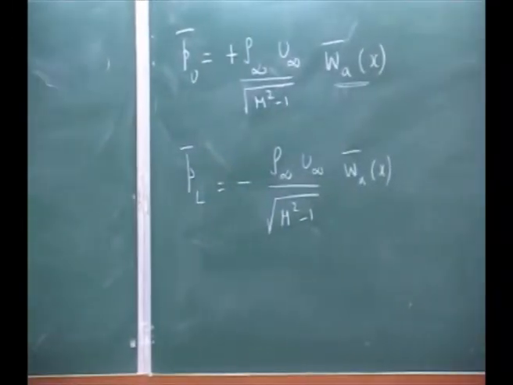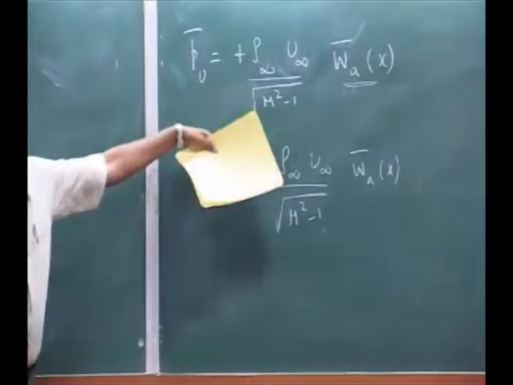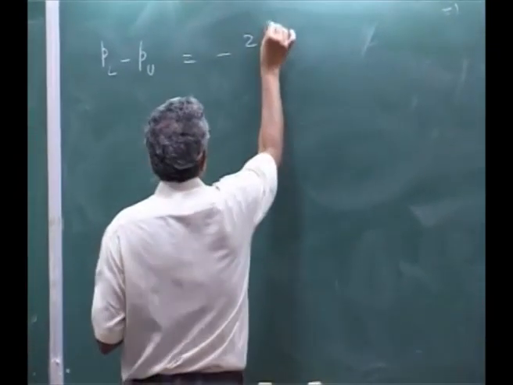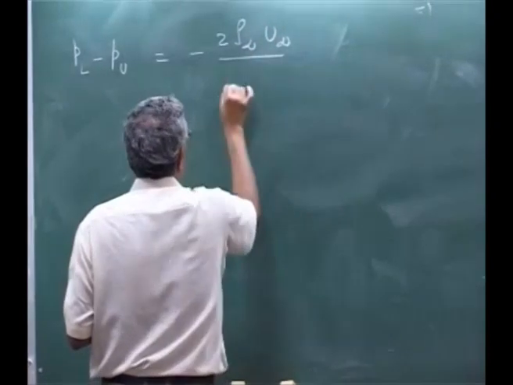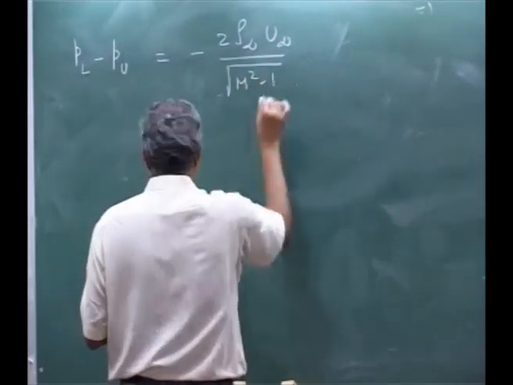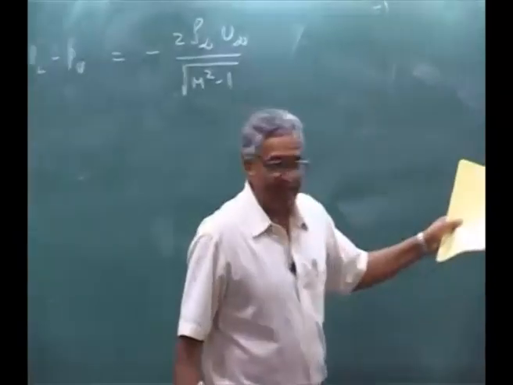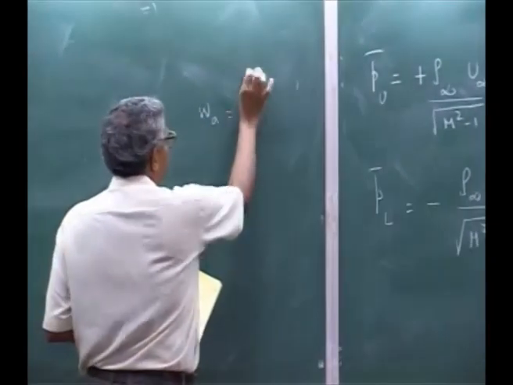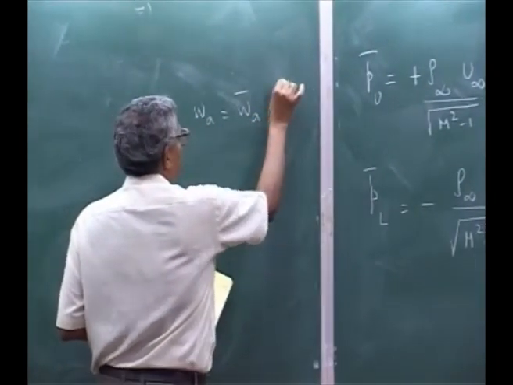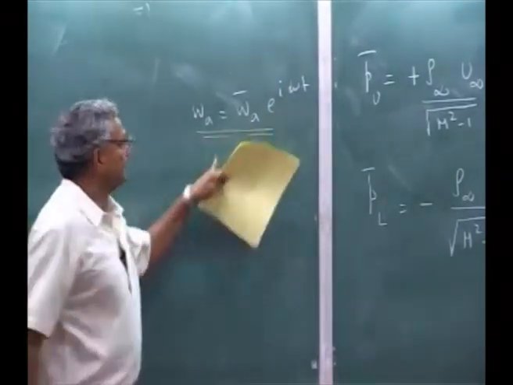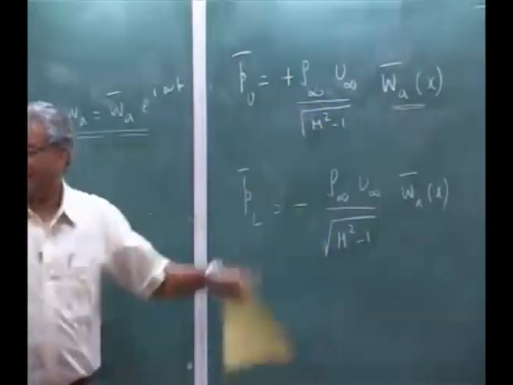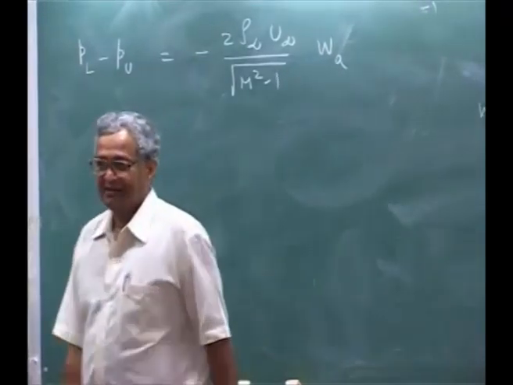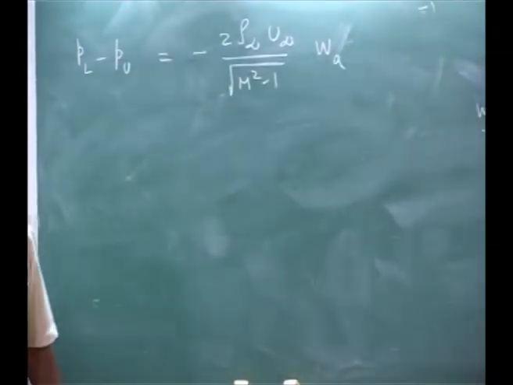P lower minus upper means this minus that, so you will have minus 2 rho infinity u infinity over square root of m square minus 1 w a e I omega t. Sorry, we wrote it as w bar a e I omega t, right? So I have to multiply e I omega t, then I will get pressure. This will be W a, the velocity of the fluid on the aerofoil.